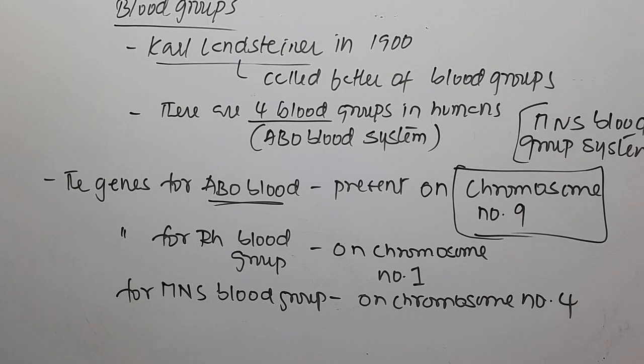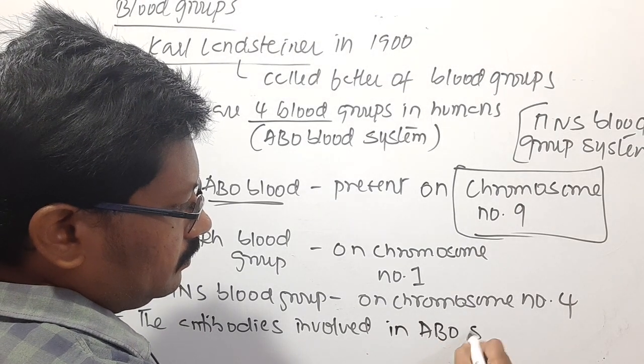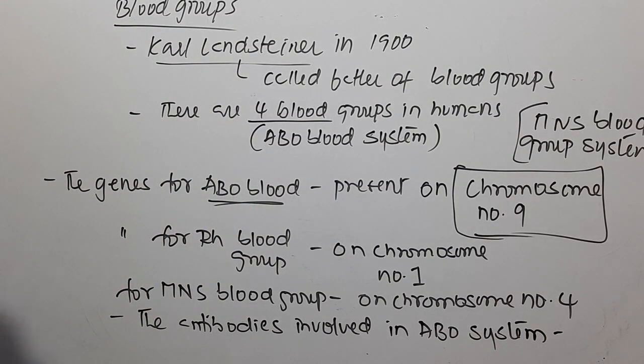One more piece of information: the antibodies involved in the ABO system. The antibodies involved in this ABO system include IgG and IgM.